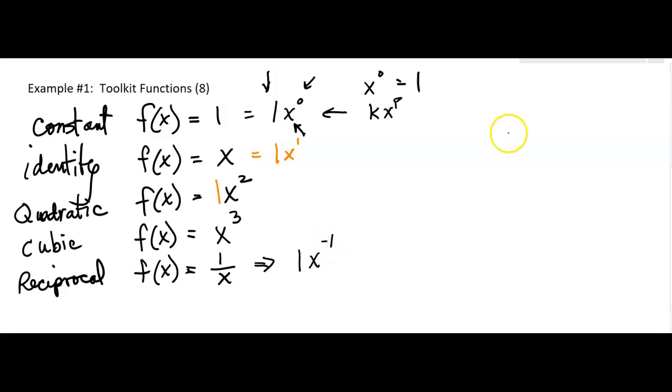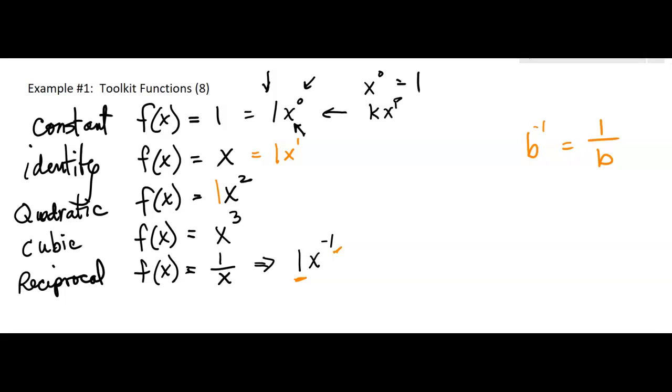So you might remember the definition: if you have b to the -1 power, that's 1 over b. Remember that? Okay, so you can go the other way. So I have 1 over x. I can write that as x to the -1. Again, I have a coefficient 1 and a power of -1. Those are both real numbers, so it's a power function.